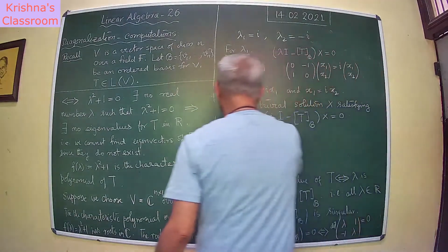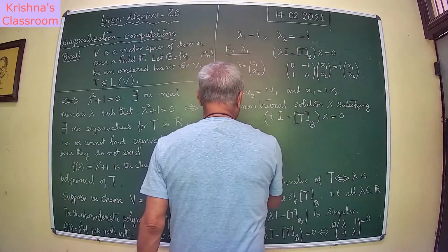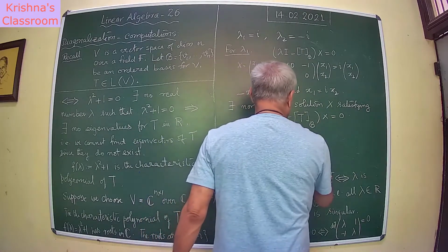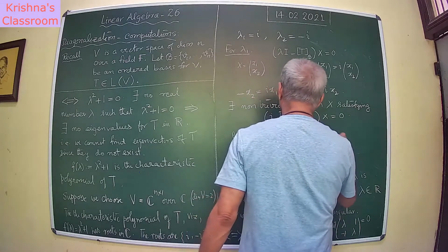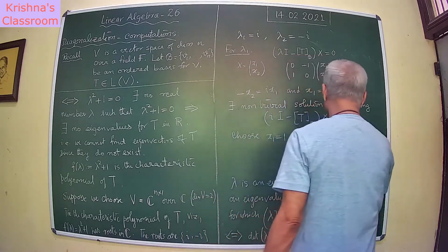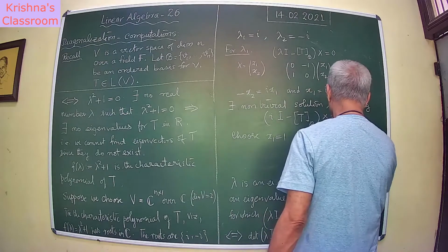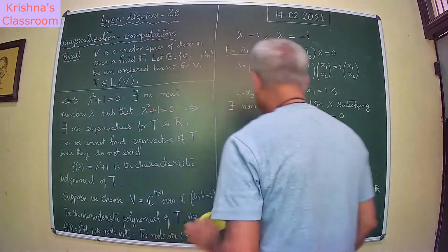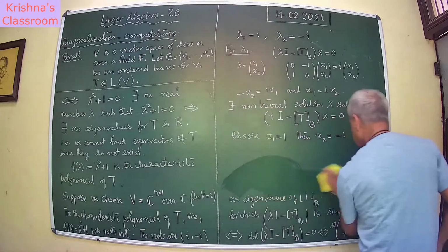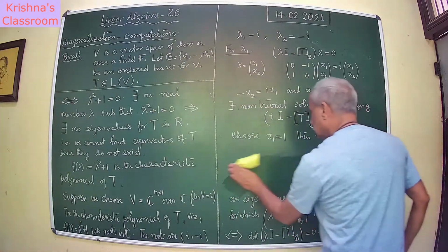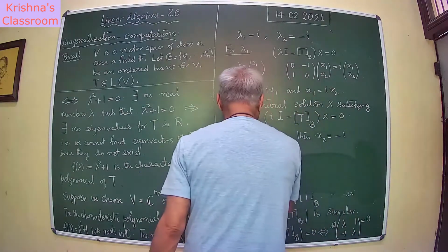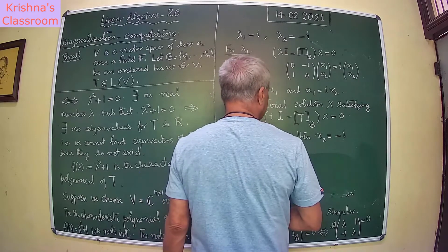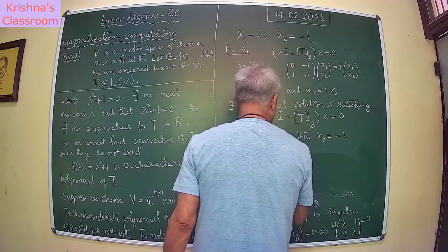So let us choose, therefore, the corresponding vector is, then 1 minus.